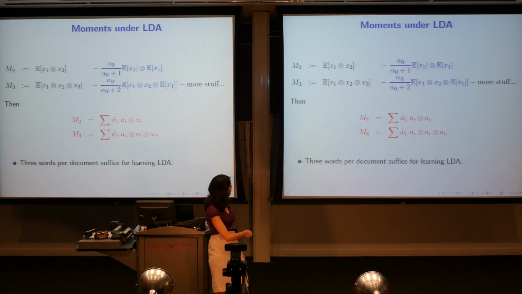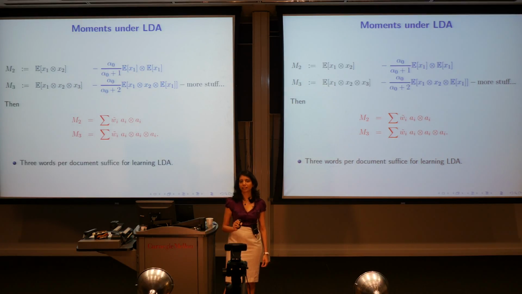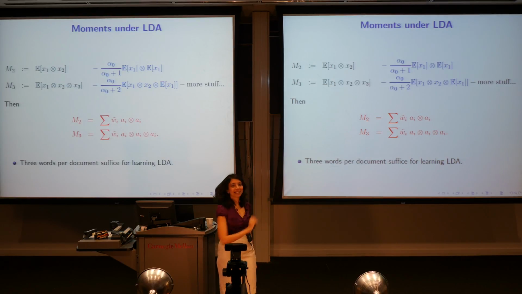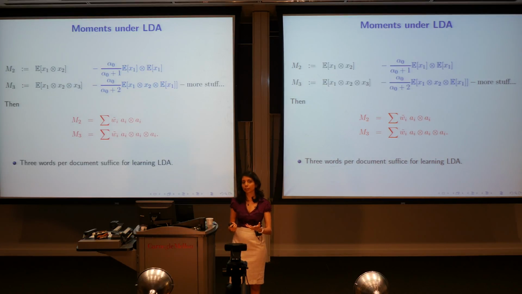Okay, and the other nice thing is that this appeared in NIPS, I think last year or the year before, I've lost track. But we showed that to learn this latent Dirichlet allocation, you needed to just have 3 words in the document. You could have more words, and you would get better concentration of the moments, but for guarantees, you needed just 3 words.